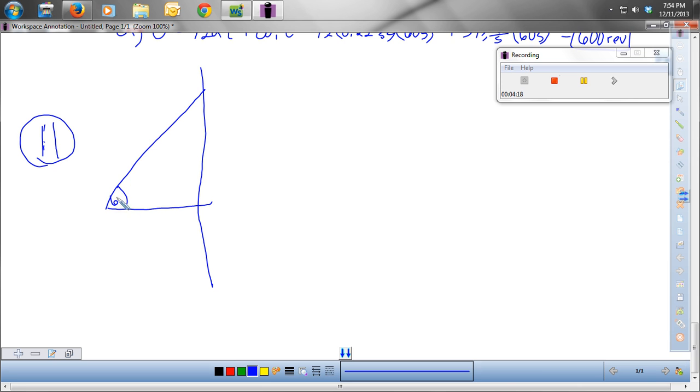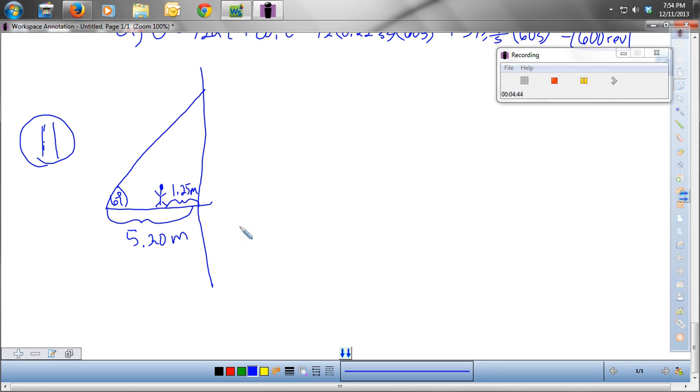This is 67 degrees. Here's my little man. Now it tells me that the whole bar is 5.2 meters, and from here to here is 1.25 meters.